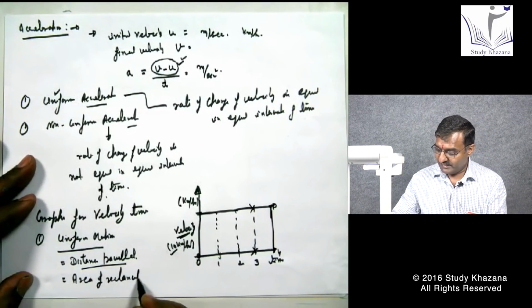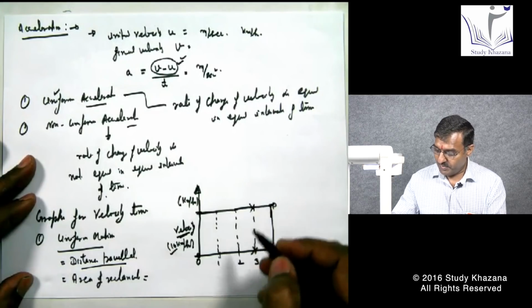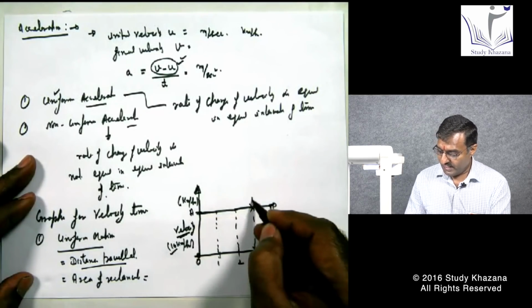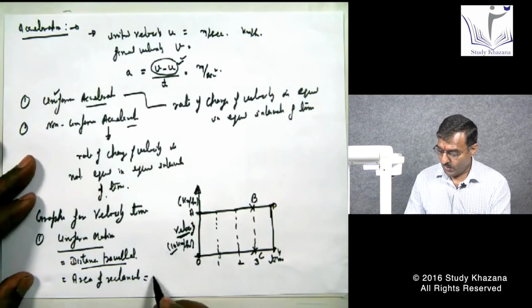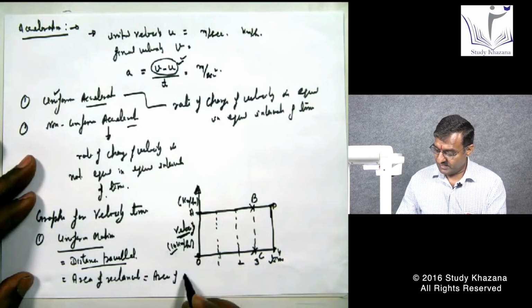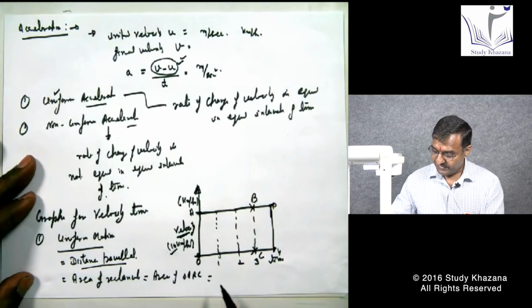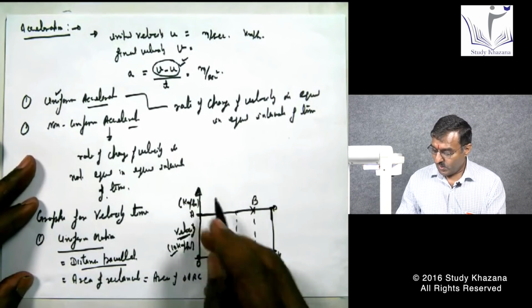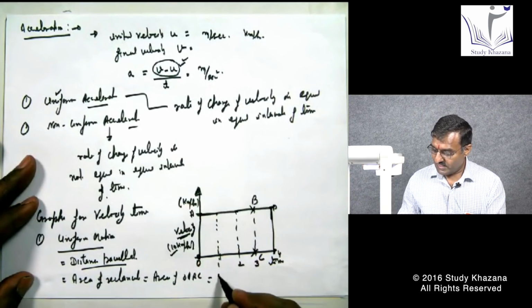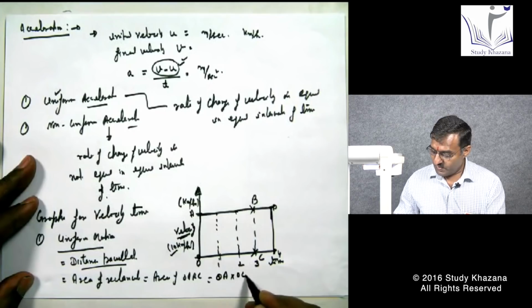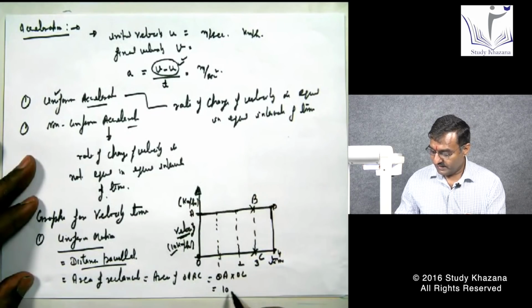Suppose I mark the points O, A, B and C. Now the area of OABC is OA into OC. OA is 10, and OC is 3. So it becomes 30 kilometer.